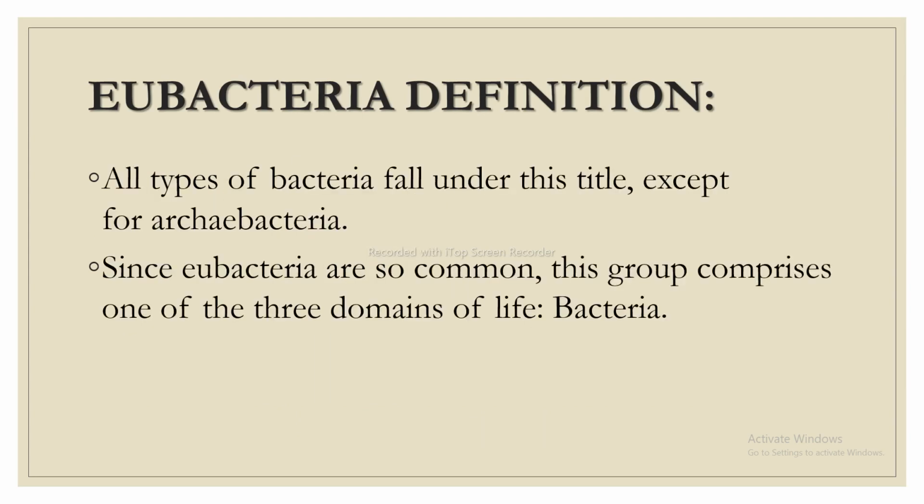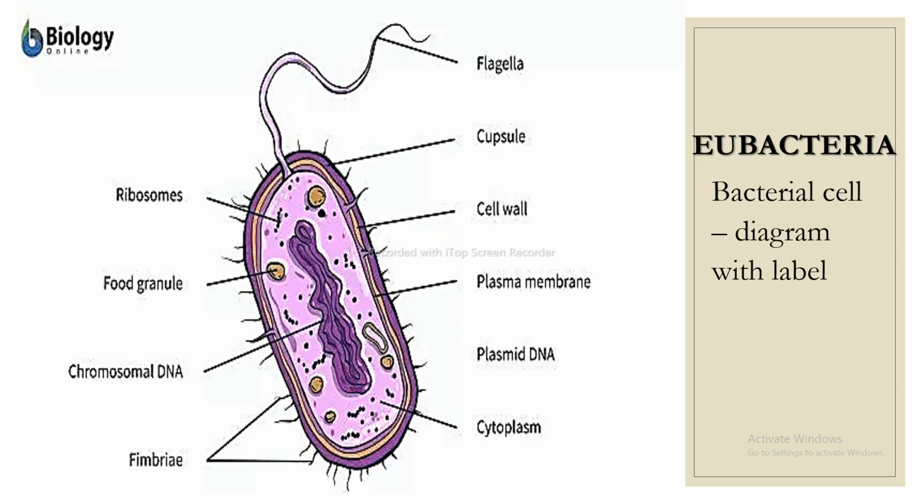All types of bacteria fall under this title except for Archaebacteria. Since Eubacteria are so common, this group comprises one of the three domains of life, which is called bacteria. So this is again the structure of the Eubacteria as shown in the figure.